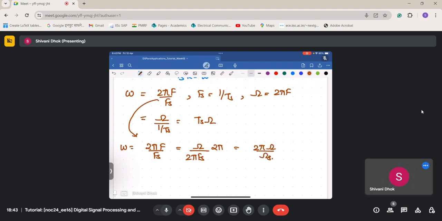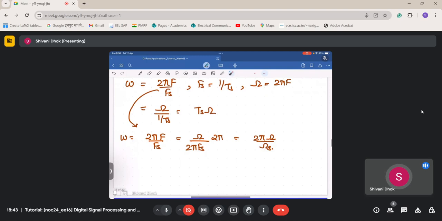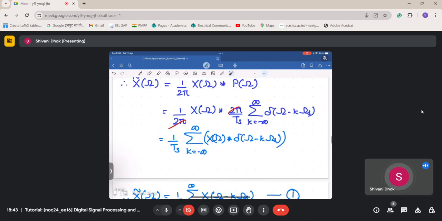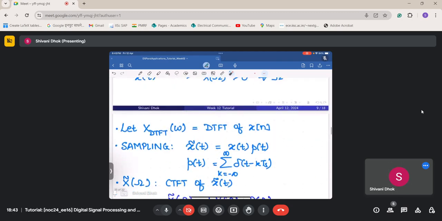Now I want to somehow figure out the relation between this x tilde of omega, which is the sampled signal's CTFT. This should be related to the DTFT of this quantity here. Somehow this should be related to that quantity here.